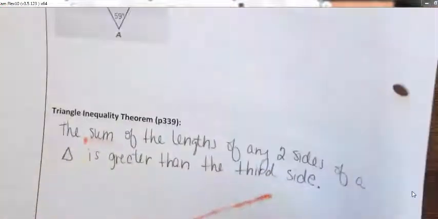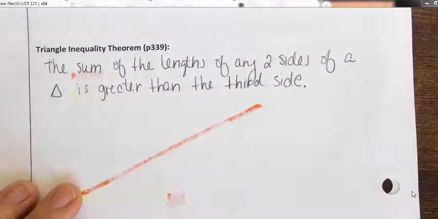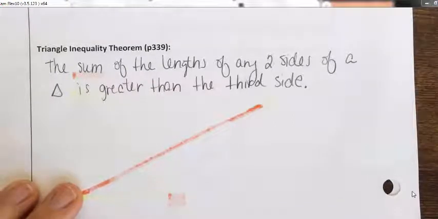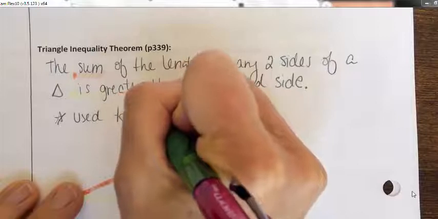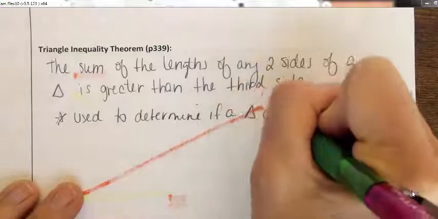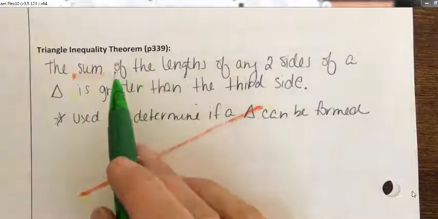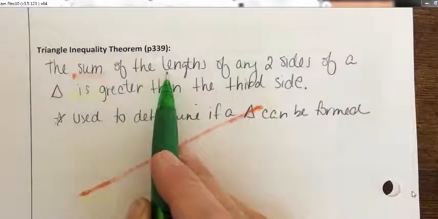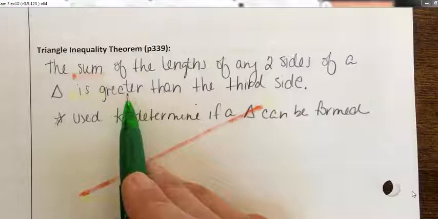And this becomes super important when you get to trigonometry and pre-calculus, and even algebra 2 actually. This is really used to determine if a triangle can even be formed. Okay, so we use this because, for example, if I add up the lengths of two sides of a triangle and they're not greater than the third side, then it's not going to be closed, so you're not going to have a triangle.